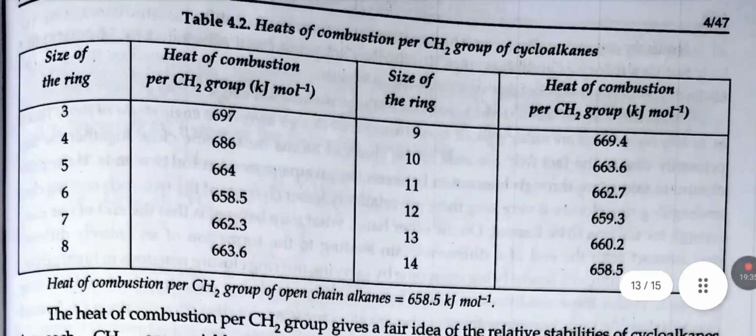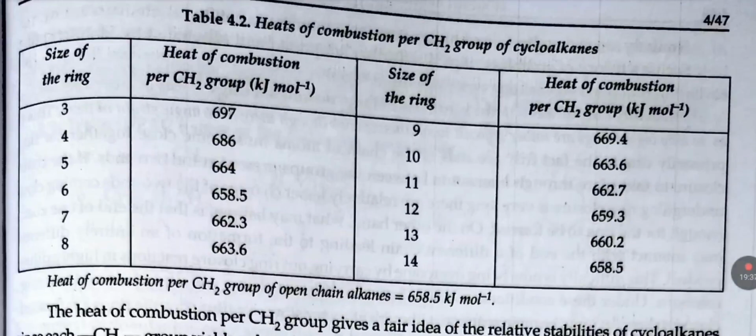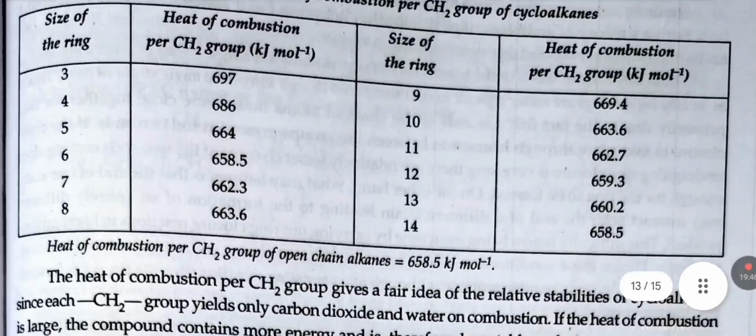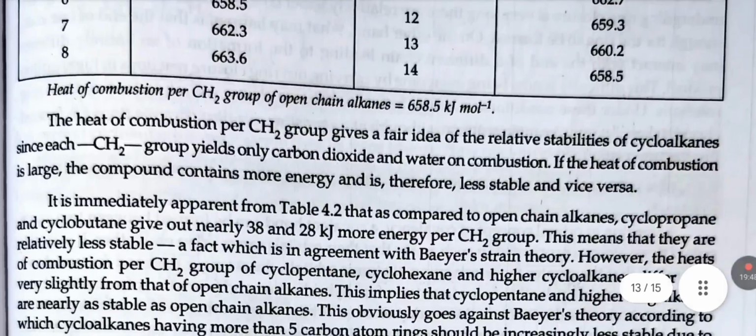Table 4.2 shows the heat of combustion per CH2 group of cycloalkanes. The heat of combustion per CH2 group of open chain alkanes is 658.5 kilojoules per mole. The heat of combustion per CH2 group gives a fair idea of the relative stability of cycloalkanes, since each CH2 group yields only carbon dioxide and water on combustion.